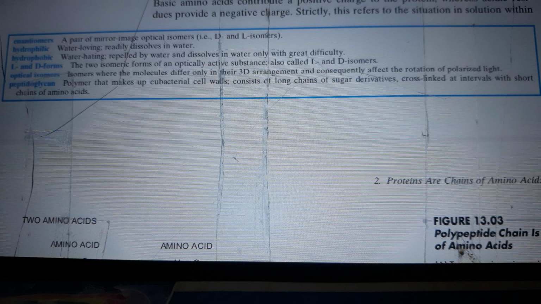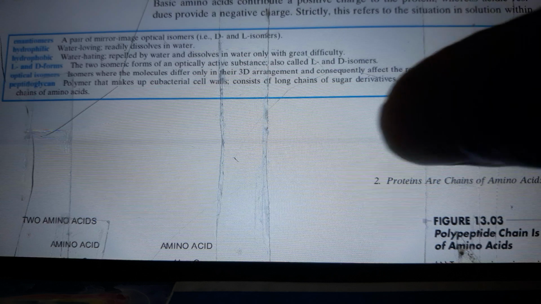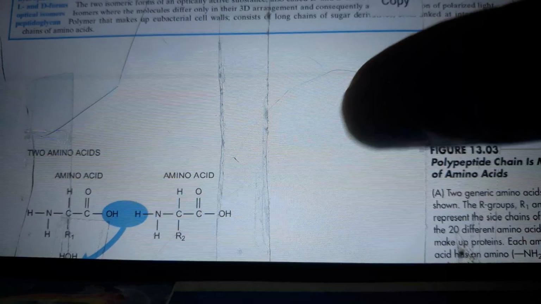Optical isomers where the molecules differ only in their 3D arrangement and consequently affect the rotation of polarized light. Peptidoglycan, polymers that make up eubacterial cell walls, consist of long chains of sugar derivatives cross-linked at intervals with short chains of amino acids.